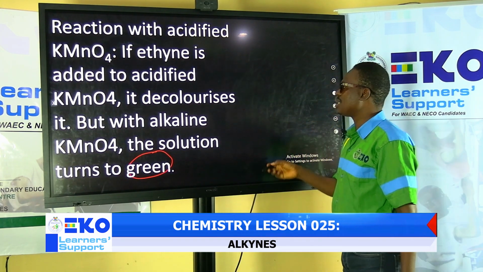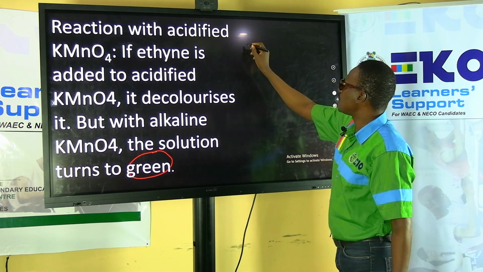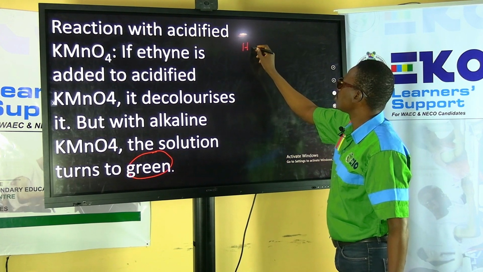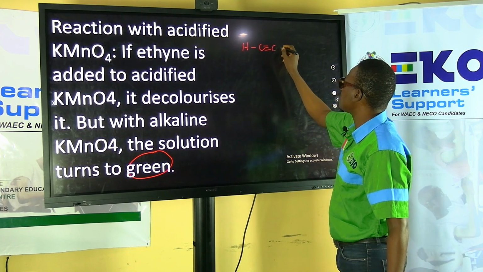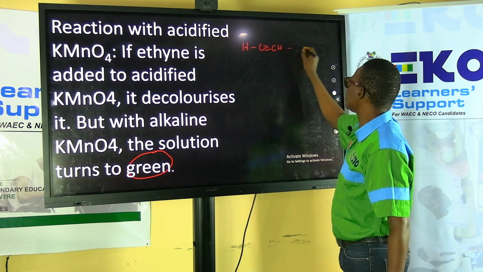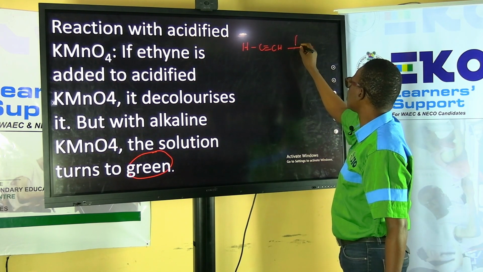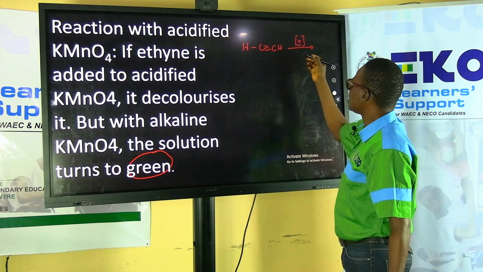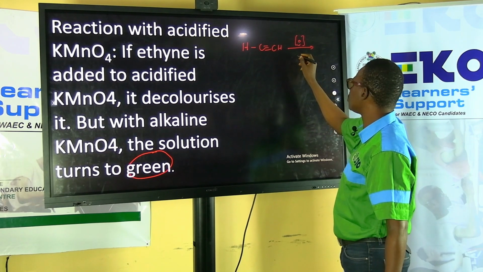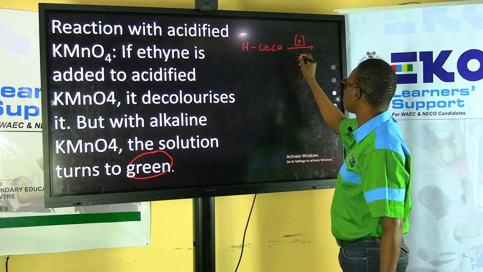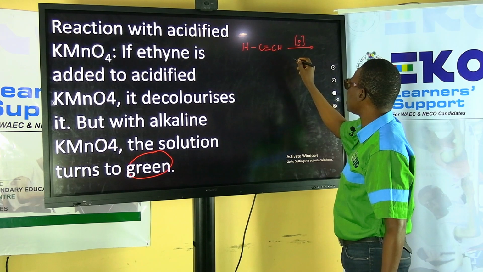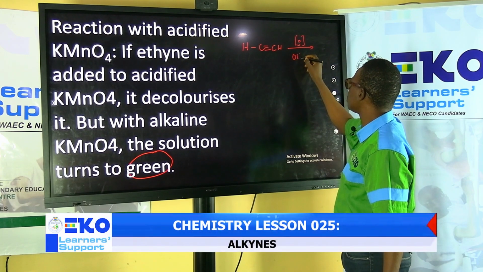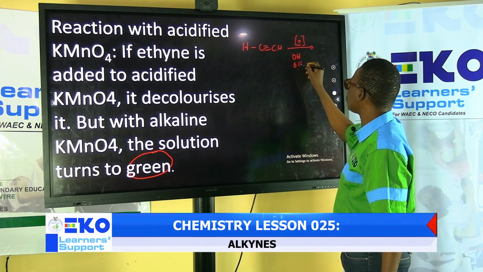But how does it happen? So let's go. You have C triple bond H. Then with the OH, it's easier for you to know that you have the OH and you have the second OH.